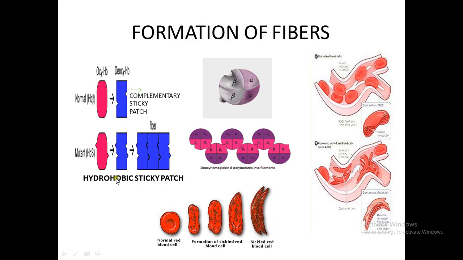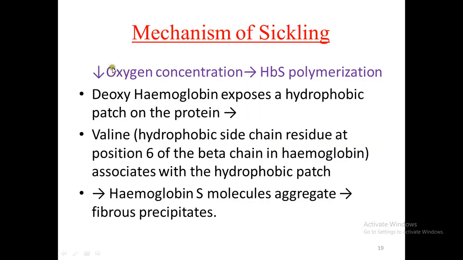But nothing happens here. Why? Because there are no complementary hydrophobic protrusions. But in the mutant hemoglobin S, there are hydrophobic protrusions, which are going to go and fit into these complementary sticky patches. So when the oxygen concentration becomes low, hemoglobin S polymerizes.